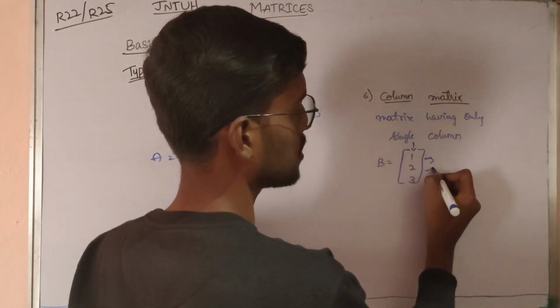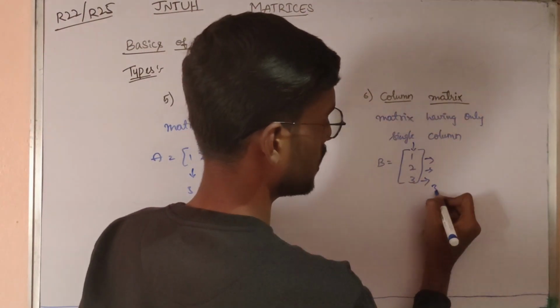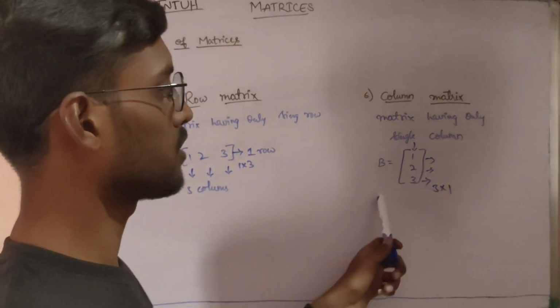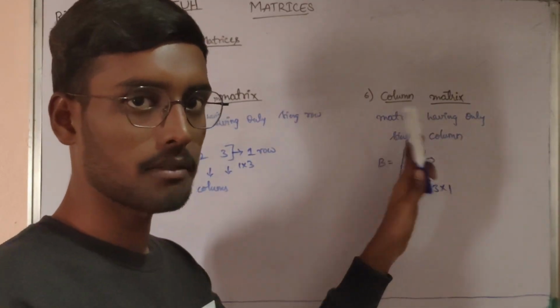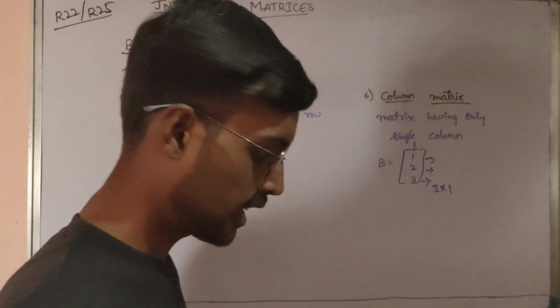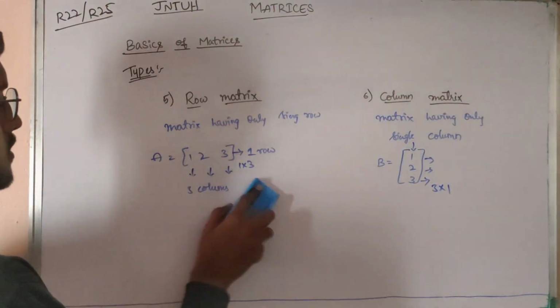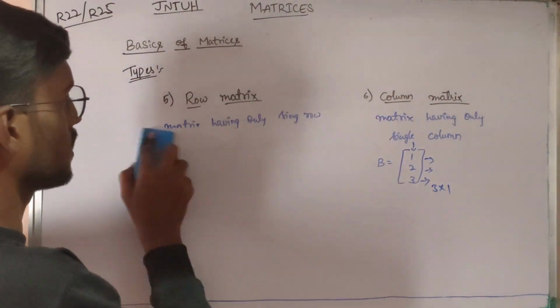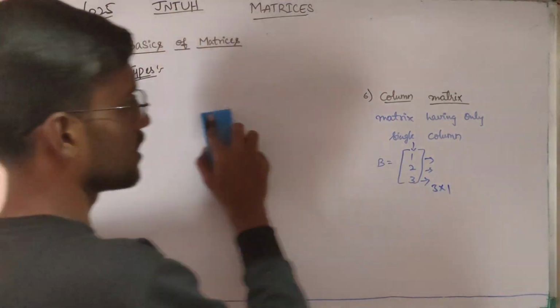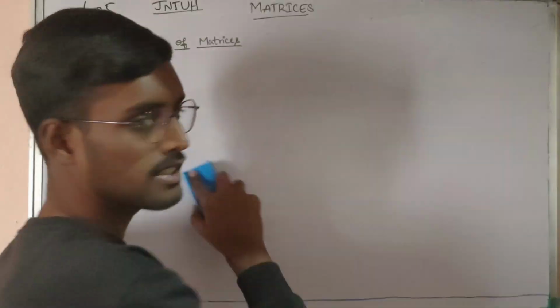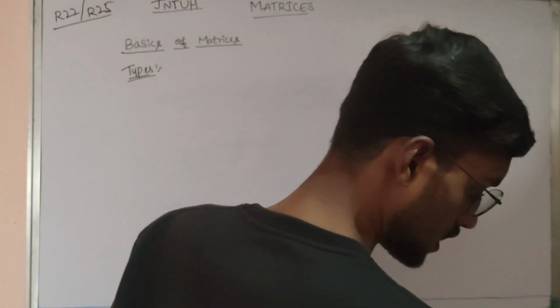It has one column and 3 rows, so 3 by 1 is our order. This is our example of a column matrix. Is it clear what a row matrix and a column matrix are? I hope you have a clear understanding.